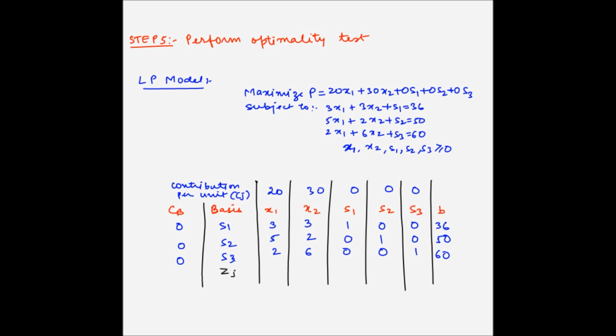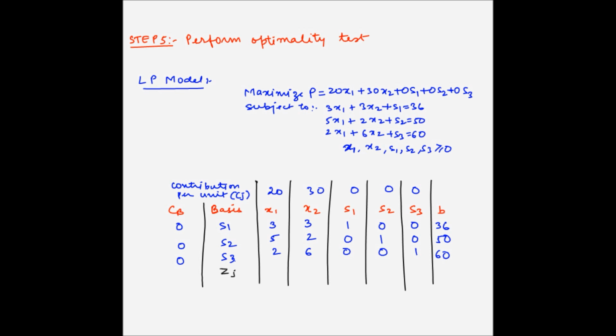Similarly, if we add 1 unit of tables or x2 in the solution, then what will be the change in the objective function? Therefore, Zj values are also known as contribution lost per unit from the introduction of 1 unit of the variable in the jth column into the solution.